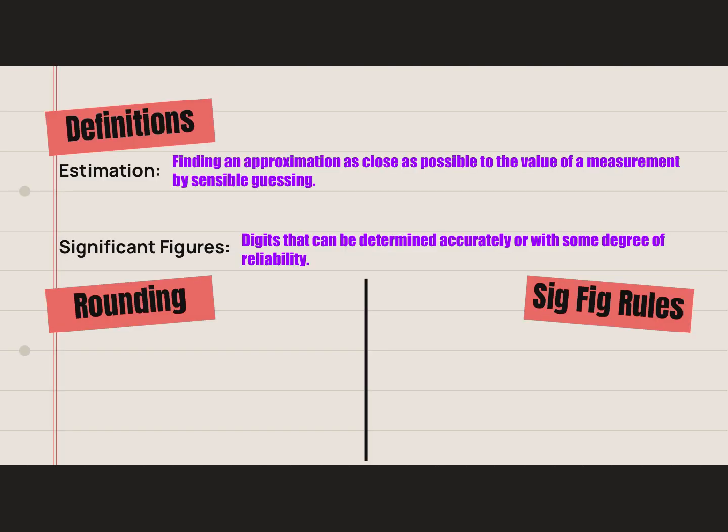Some definitions that you might need here are at the top. So estimation, finding an approximation as close as possible to the value of a measurement by sensible guessing. This can be pretty helpful when you're working through your problems, especially on the IB exam, because when you get to the end of the problem, you want to have a general idea of what your answer should be near, using the context of the problem as well as the values that they give you, such as values for the length and width of a flower bed, or the length of a ladder when you're reaching up to a window on a building.